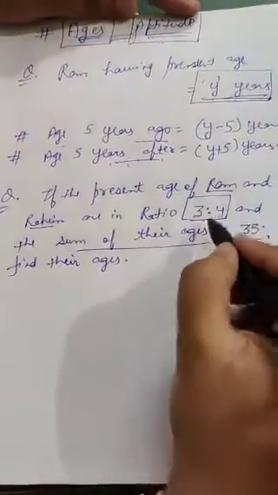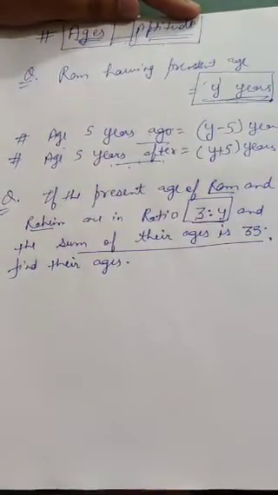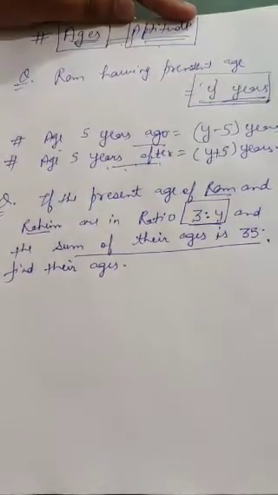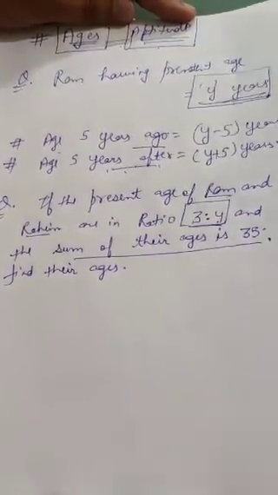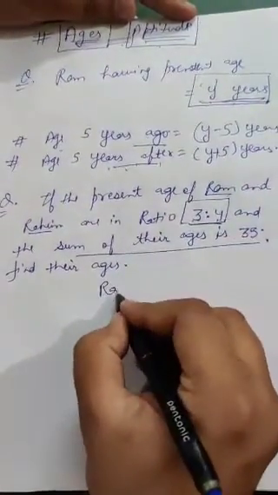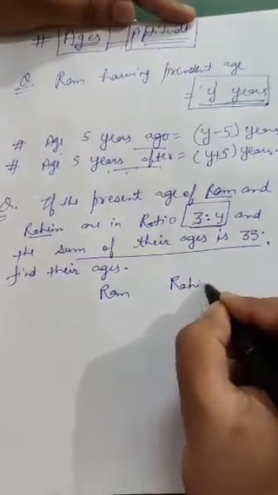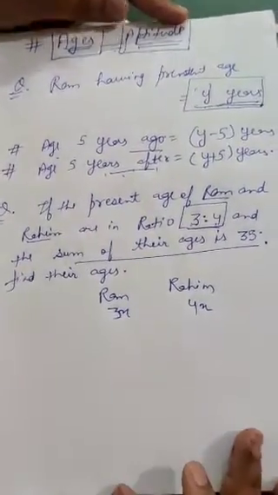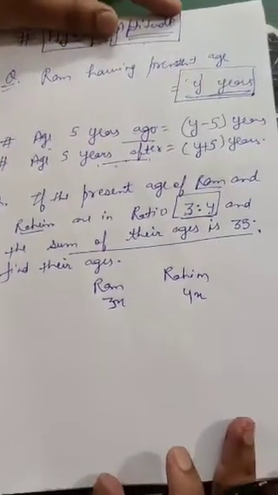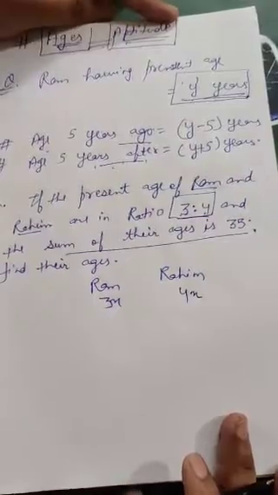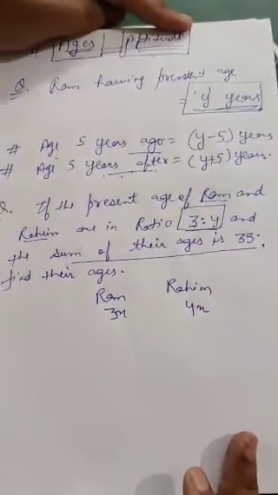Whenever the question is given in the form of a ratio, we know that ratio means a hidden number is multiplied. So here Ram and Rahim have the ratio 3:4, and let's multiply it with an unknown number x, which is a multiple.